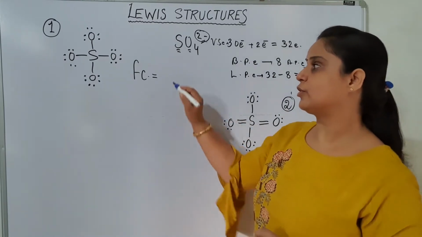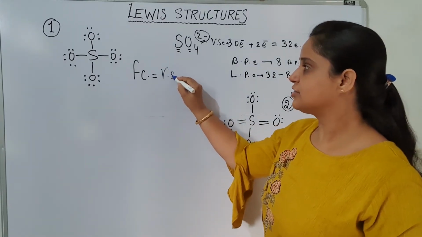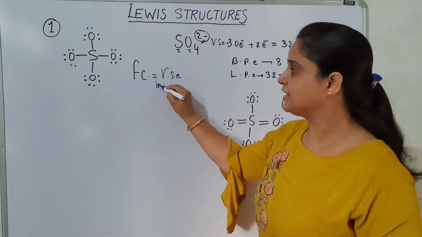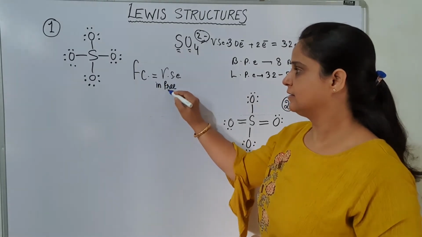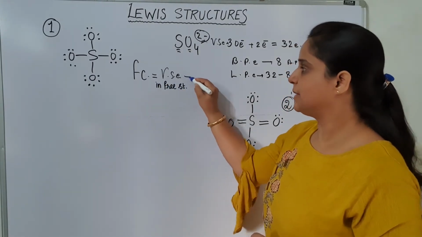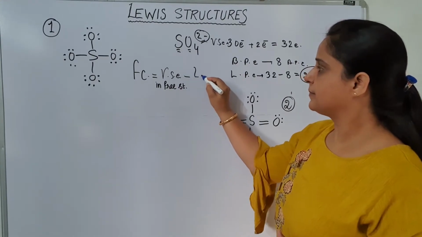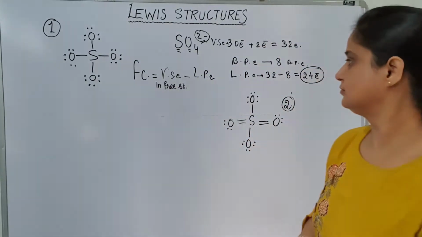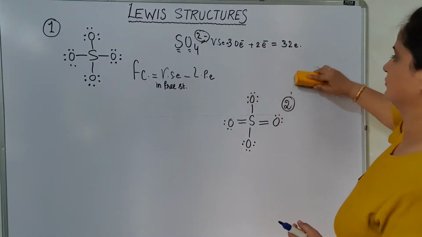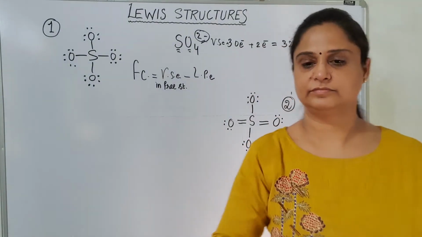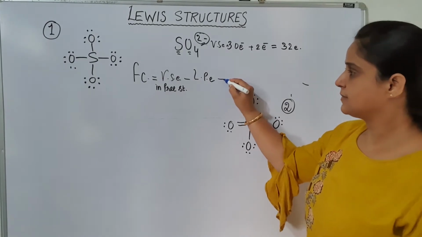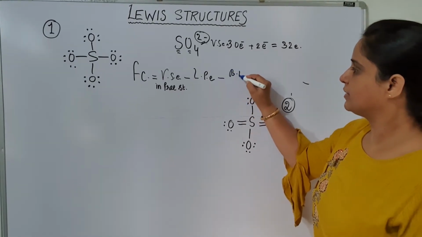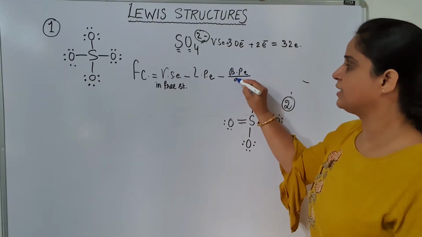So the formula of the formal charge is valence shell electrons in free state minus lone pair electrons minus bond pair electrons divided by 2.